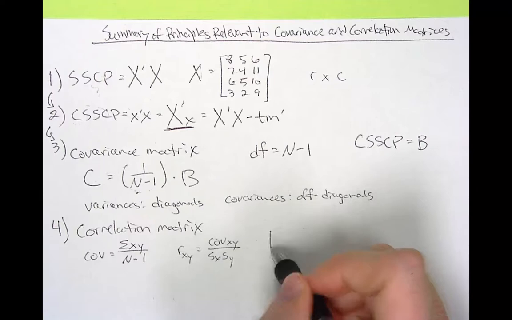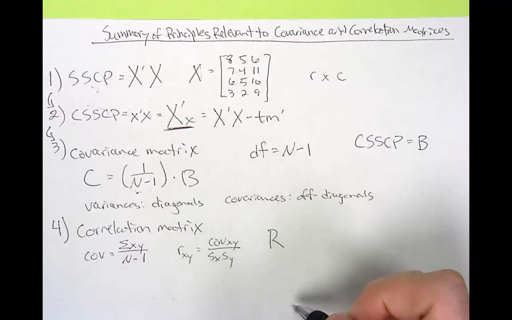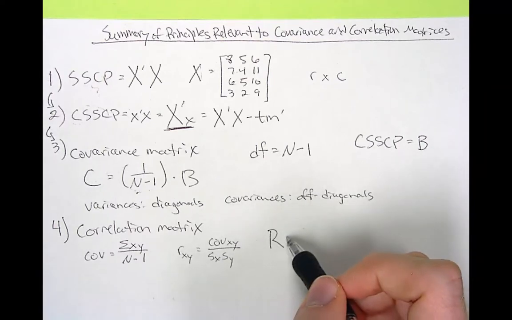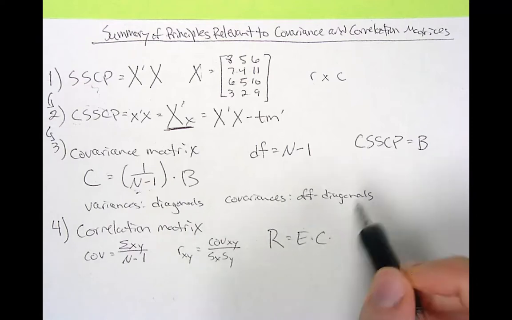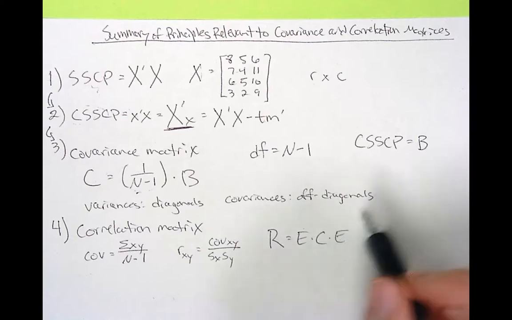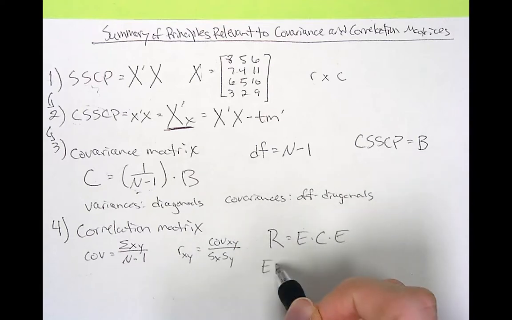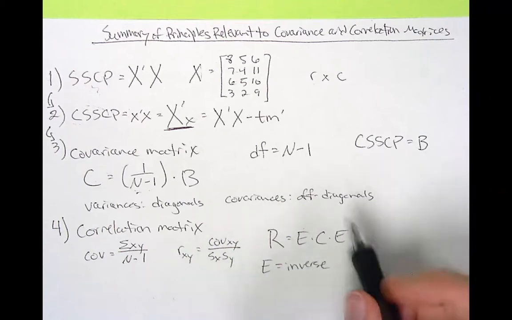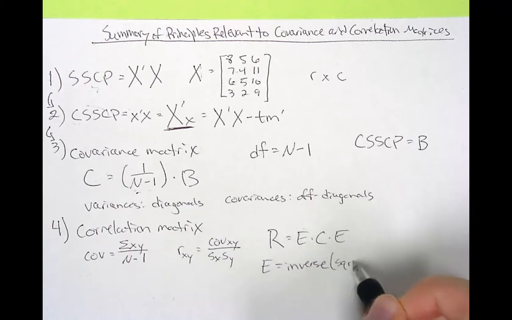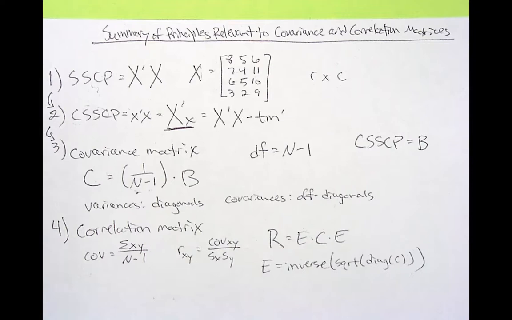We also said that to get the correlation matrix, which we denote with R, it is E times the covariance matrix times E, where E is in fact the inverse of the square root matrix of the diagonal matrix of C. Wow, that's a lot of parentheses. But we showed that in a previous video.